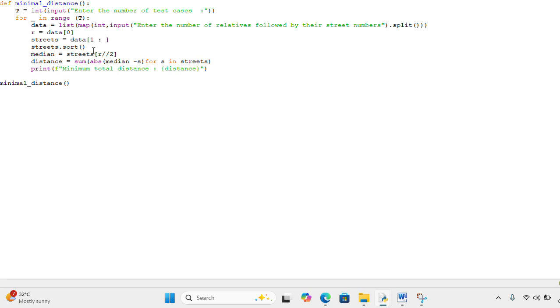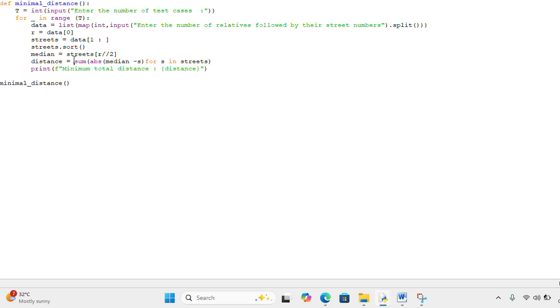They are sorted in ascending order. Then the median equals streets of r by 2, which is a floor division to avoid any decimal point, meaning we want the median in the format of integer values.